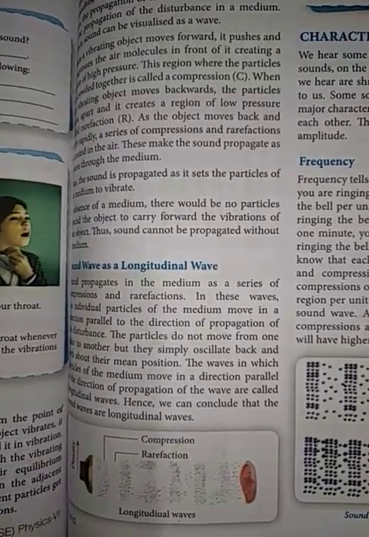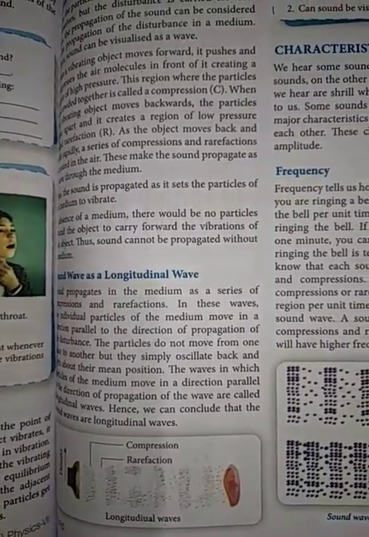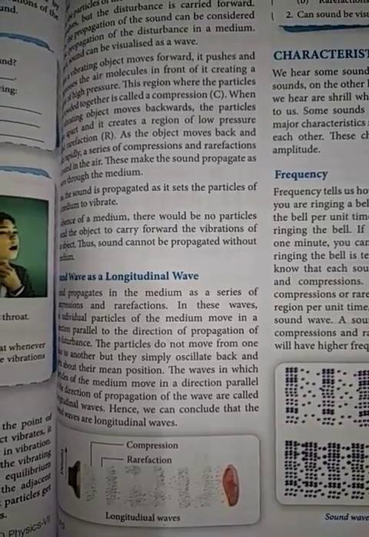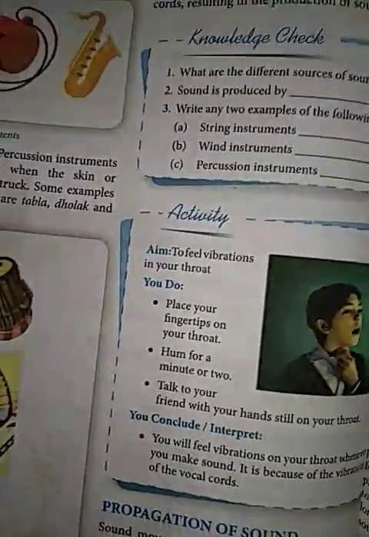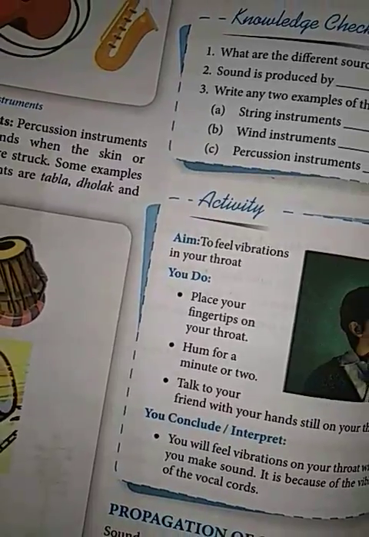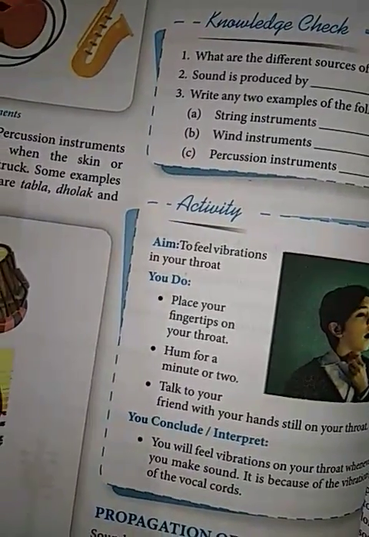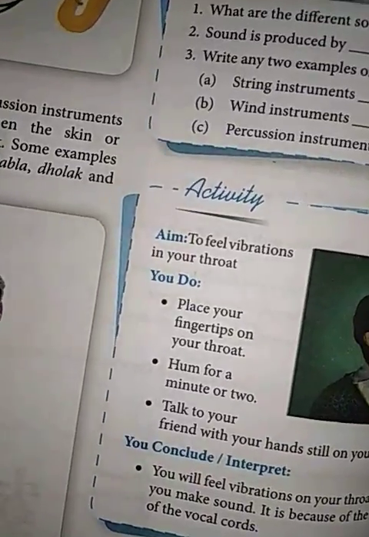Then they exert a force on the adjacent particles, as a result of which the adjacent particles get displaced from their mean position. After displacing the adjacent particles, the first set of particles come back to their original position. This process continues in the medium till the sound reaches our ear.